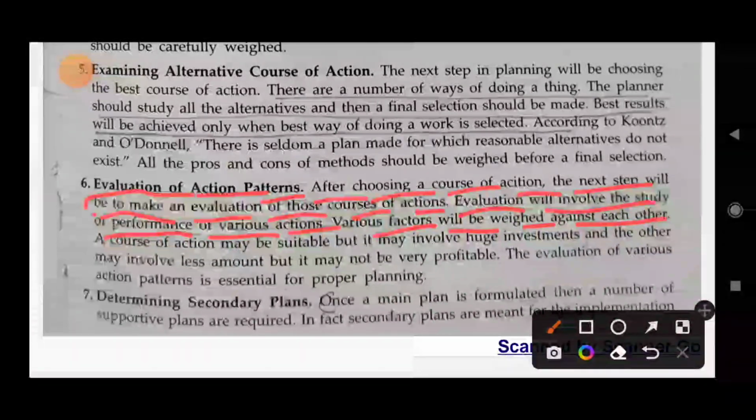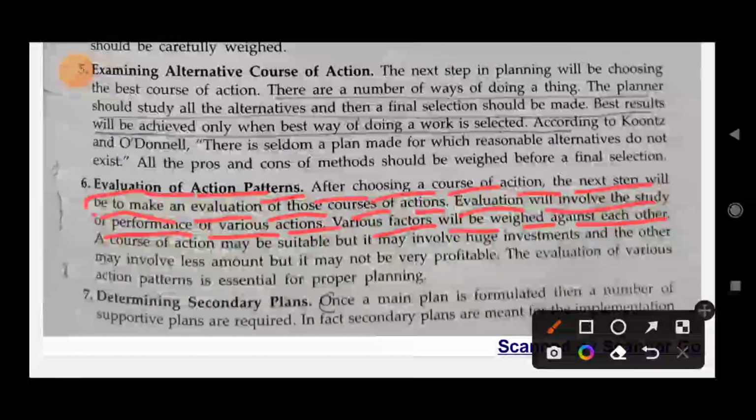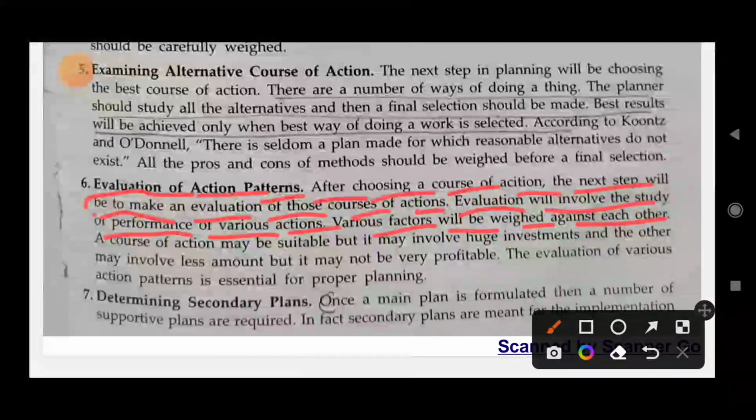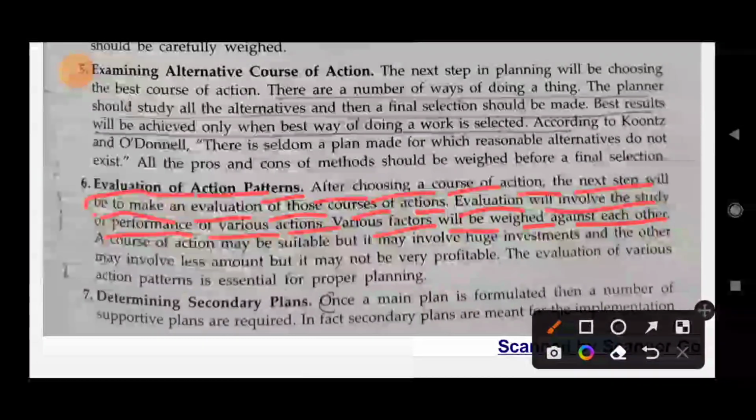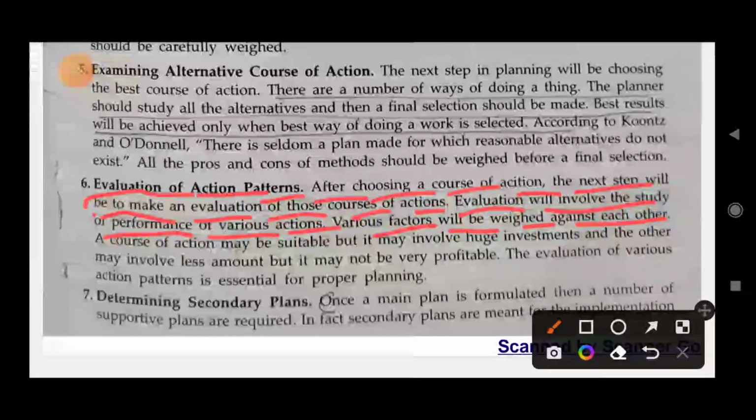Which one will be suitable, which makes it profitable, that we need to decide. A door-to-door campaign may cost more than the others, but in this process your product will reach the customer if it is a new product. If it is an old one, that much cost is not necessary. So for what purpose we are doing it, and whether it is necessary, that is nothing but evaluation.